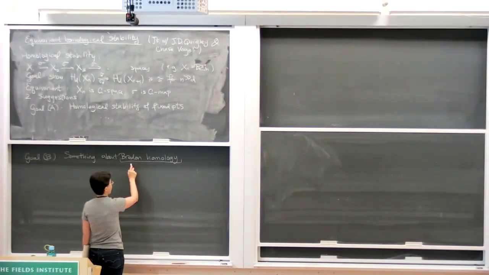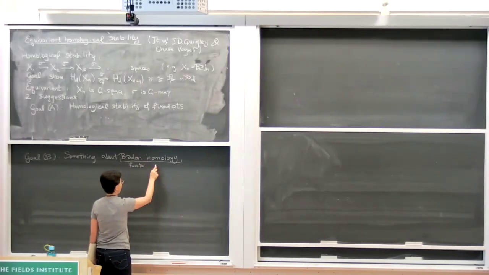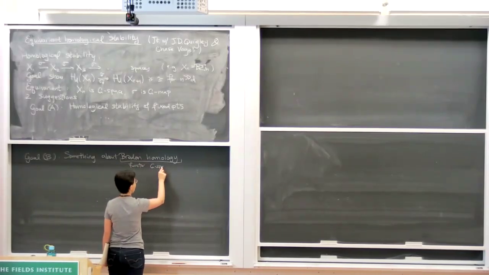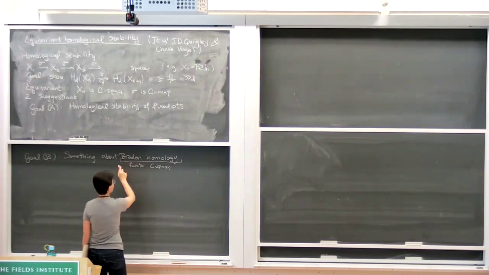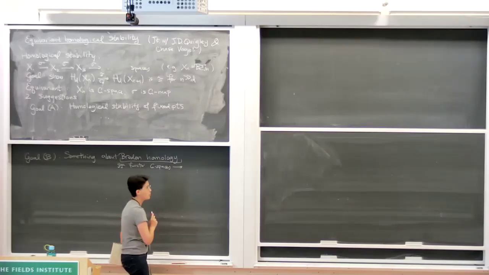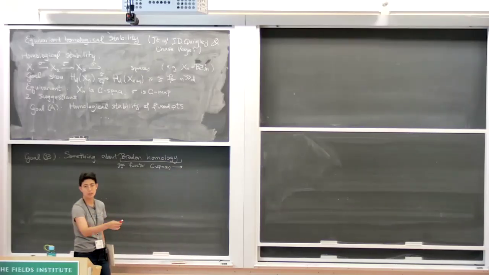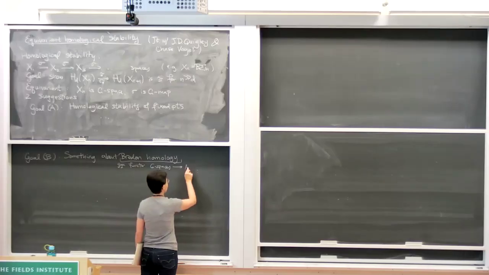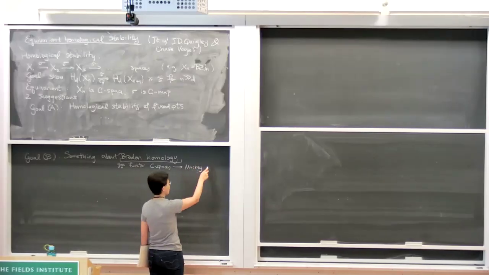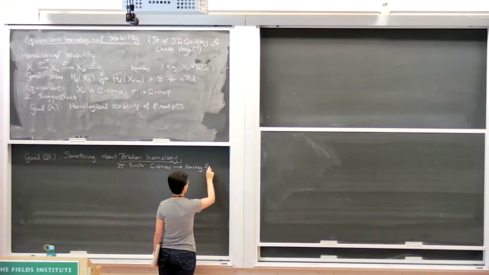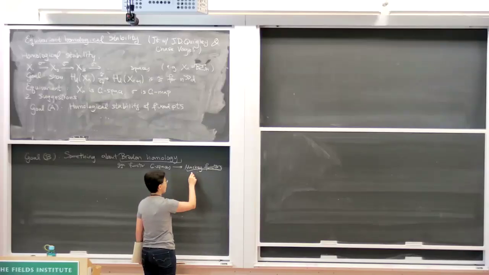It's a functor from G-spaces. At each level n, instead of being a functor to abelian groups, it's a functor to a more complicated abelian category called Mackey functors. Roughly speaking, what is a Mackey functor?